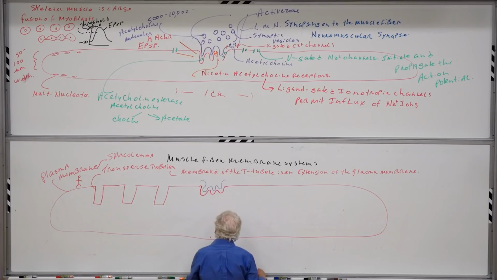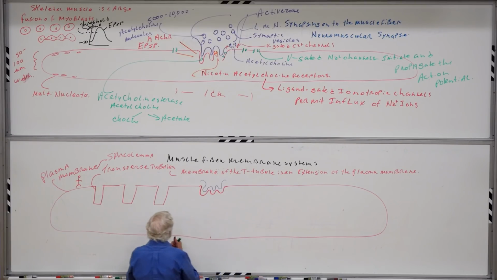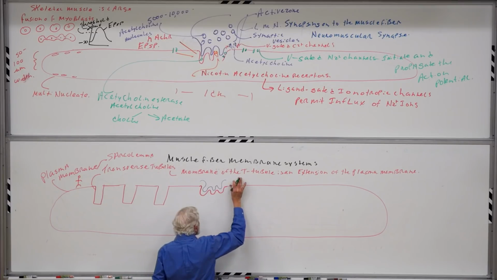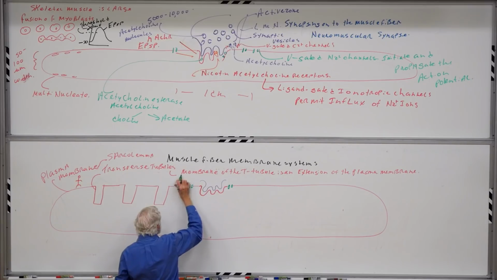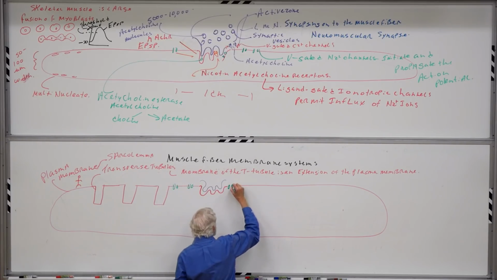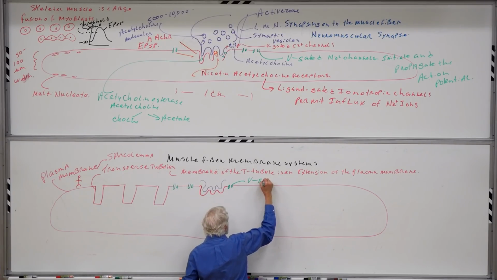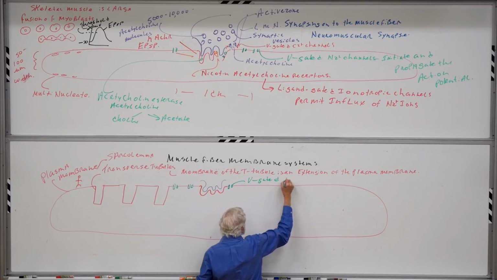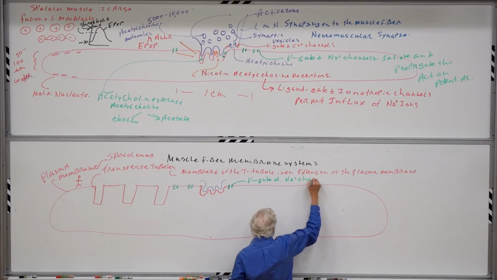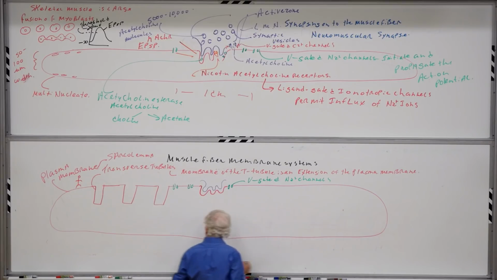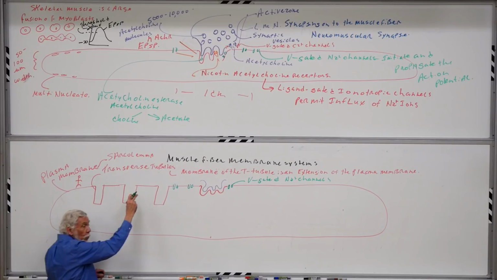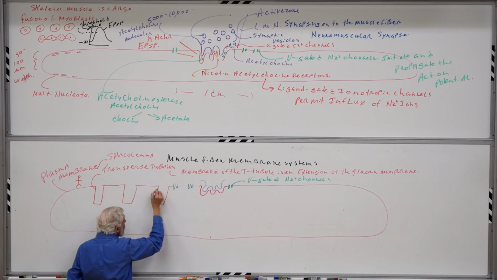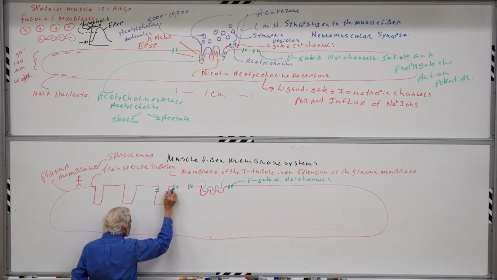And I won't go through all the details, but the excitatory postsynaptic potential is generating enough positive charge that it's now going to lead to the opening of these voltage-gated sodium channels. Now, those voltage-gated sodium channels are not confined just to the surface sarcolemma. Those voltage-gated sodium channels extend down and are included within the T-tubule membrane.